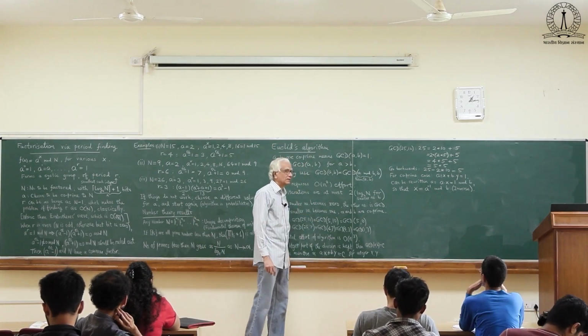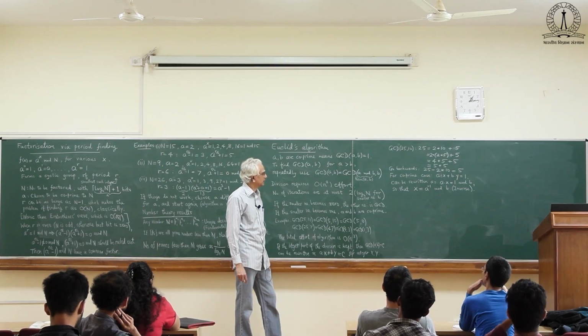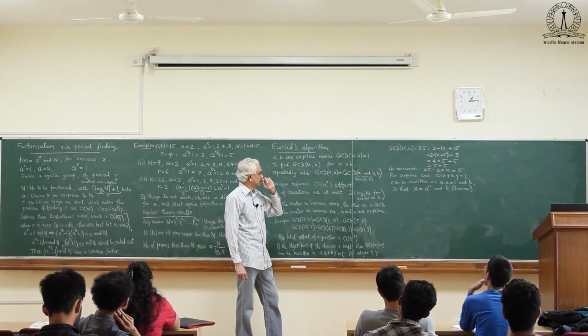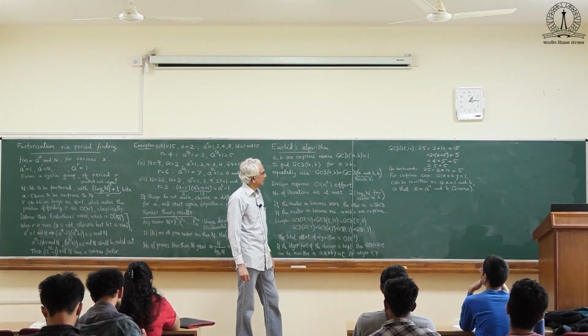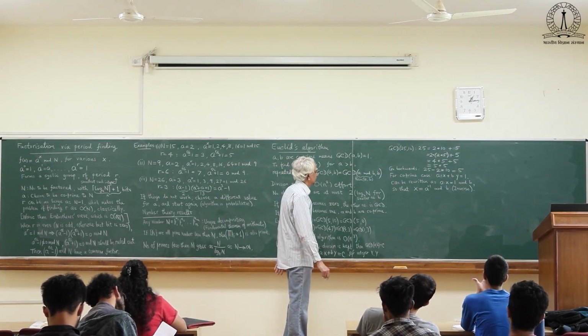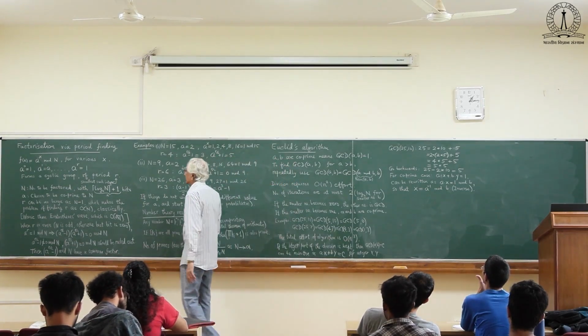So this Euclid's algorithm is actually a very powerful and simple procedure. It can be used to do all kinds of tricks, and you can work out various consequences without too much trouble.